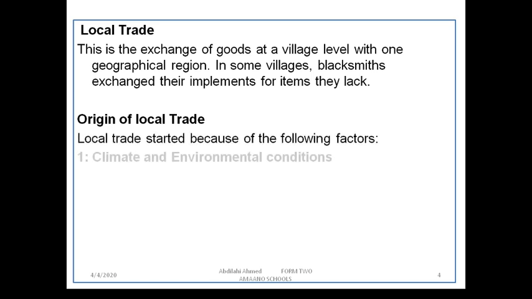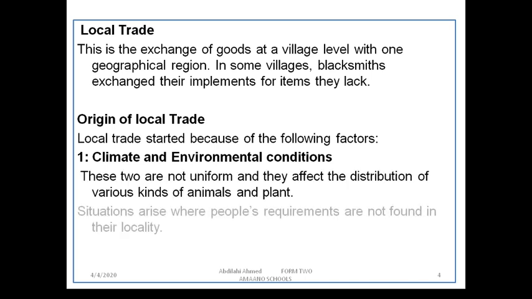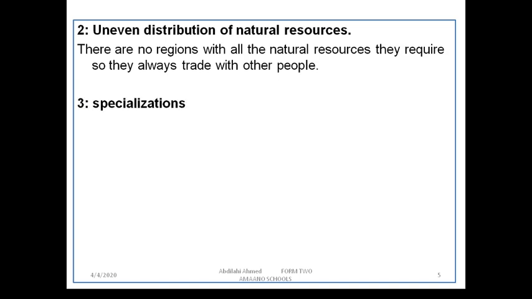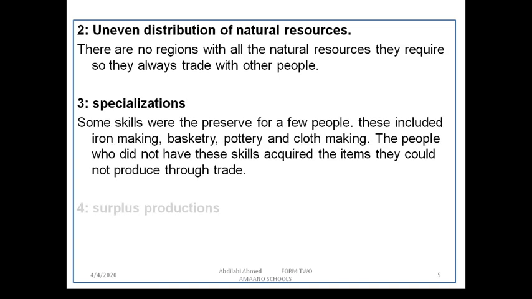And we said the main reasons why local trade started were these four: climatic and environmental conditions, uneven distribution of natural resources, specialization, and last but not least, surplus production.